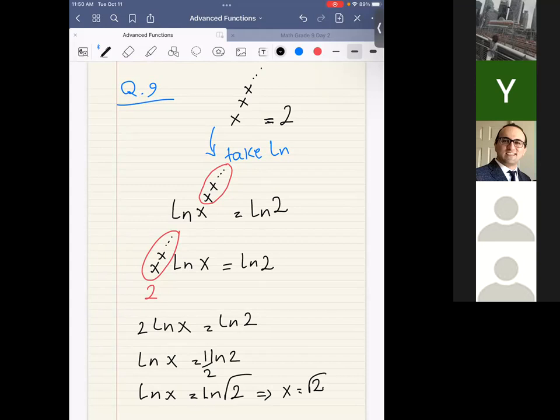So 2 times ln of x is equal to ln of 2. So that means ln of x is 1/2 ln of 2, and then x is just equal to square root of 2. Got it.